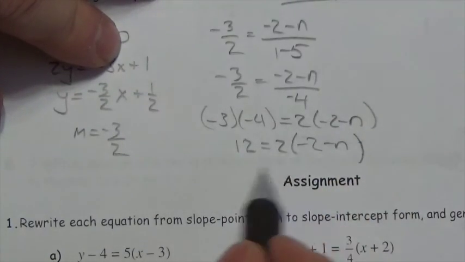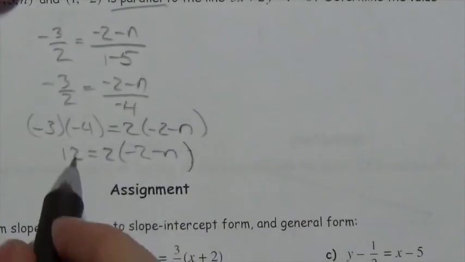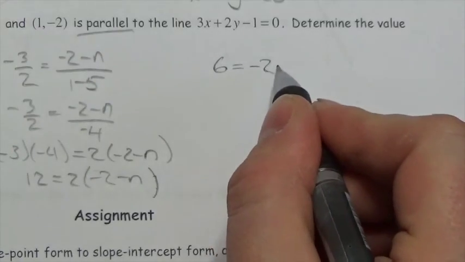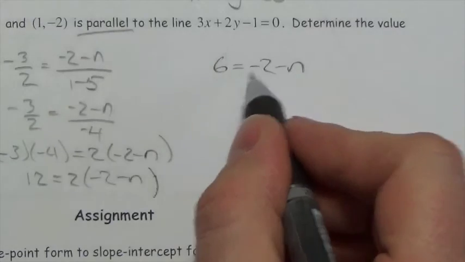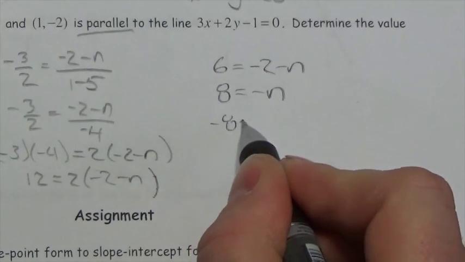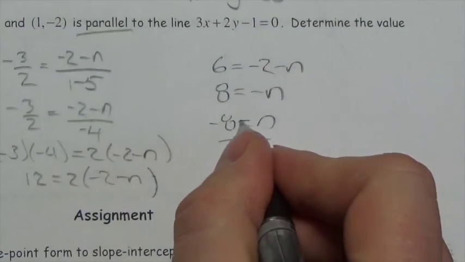Now, divide both sides by 2, because we've got to get the n by itself here. So when I divide both sides by 2, 12 divided by 2 is 6. That leaves me with negative 2 minus n. I want to get the n by itself, so add 2 to both sides. So 8 is equal to negative n, and then divide by the negative. And we get that the value of n is negative 8.